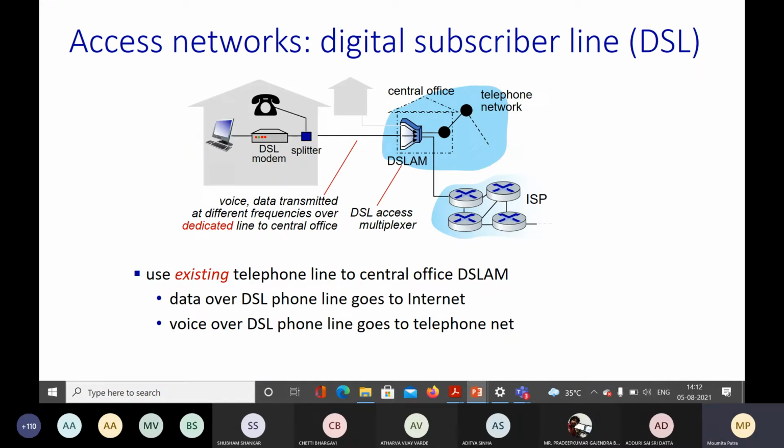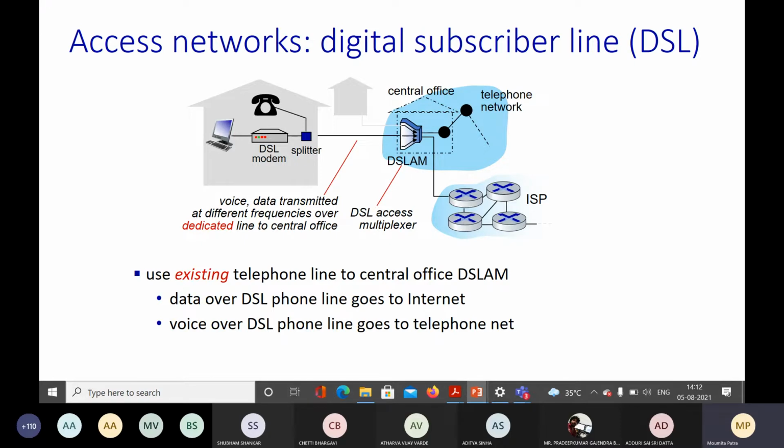We had left off at digital subscriber line or DSL, which is a kind of access network that helps your system to communicate with the internet. As we discussed in the last class, the DSL modem is the one which helps to send out the data, the signal coming from the computer system, which is in a digital format, probably a pulse format.